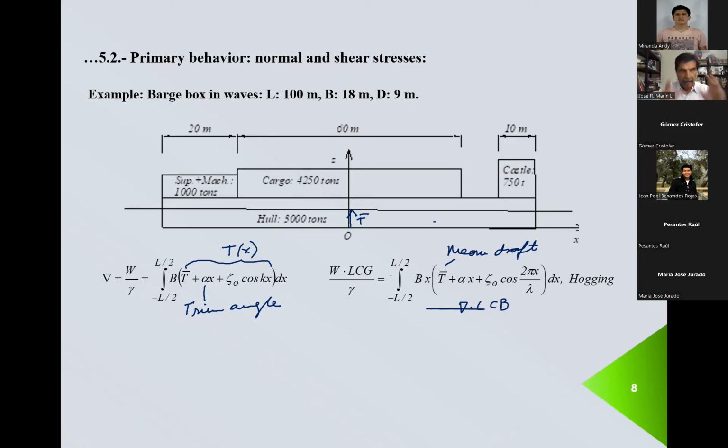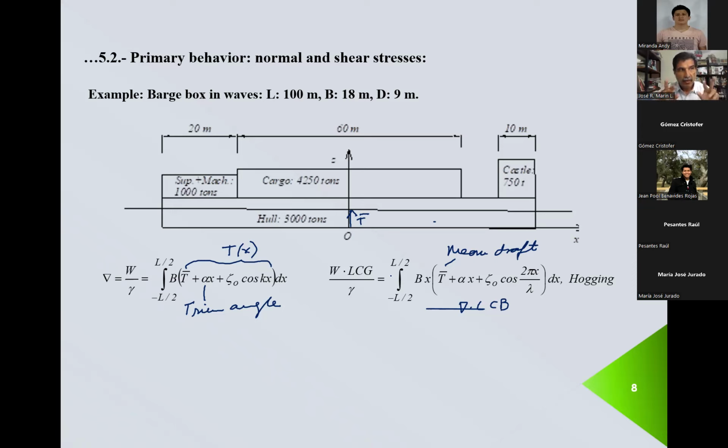Take the values from the hydrostatics for the distribution of area for that mean draft and that alpha. Superimposing, you see that there is a wave here, and then do these two calculations.